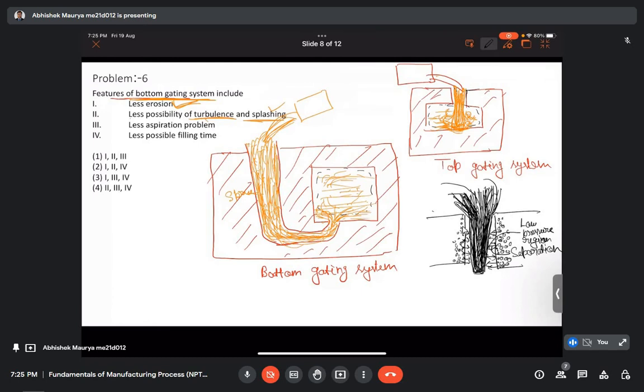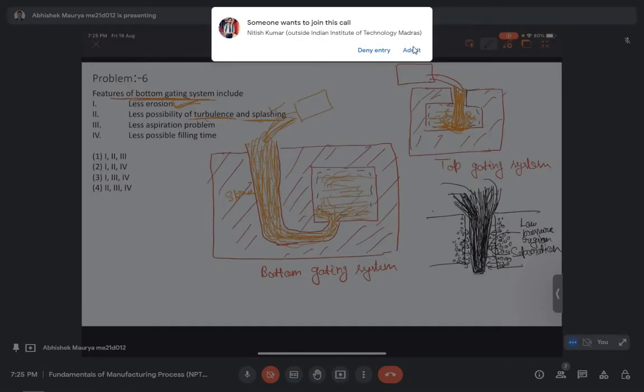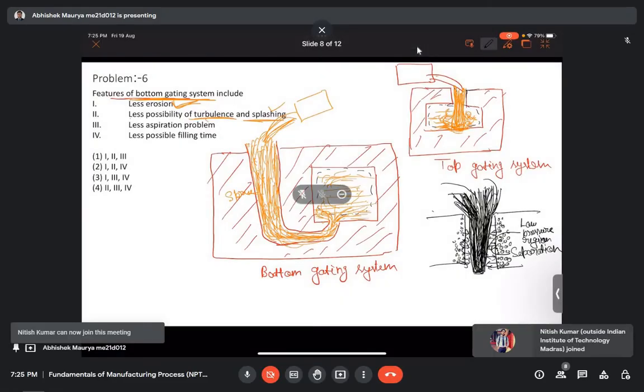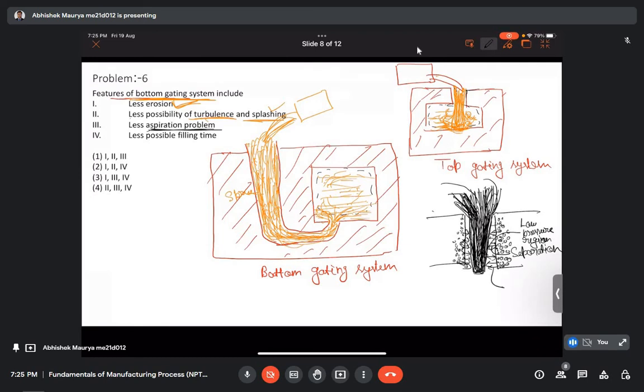So we don't want these gases to come in contact with the molten metal, but because of separation of the molten metal streamline and formation of the low pressure region, the gases which were already present inside the pores of the mold wall came outside and got dissolved in the molten metal. This is called the aspiration problem. So basically, aspiration problem happens because of this separation of the molten metal from the mold wall.